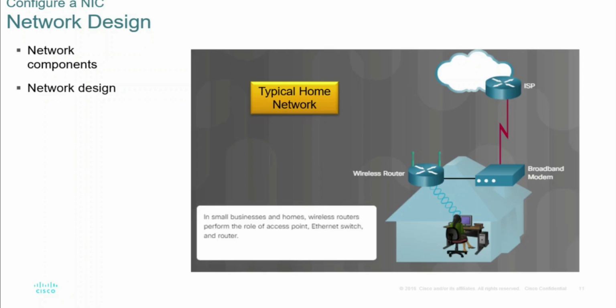A Network Interface Card is a card which helps your computer connect to a network. There are two types of NIC cards. One is wired, where you use an Ethernet cable to connect, and the other one is wireless, which helps you connect to a Wi-Fi network or wireless communication on your laptop. So NICs are mainly of two types.